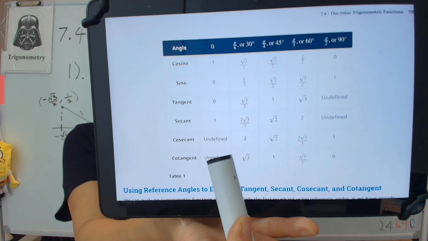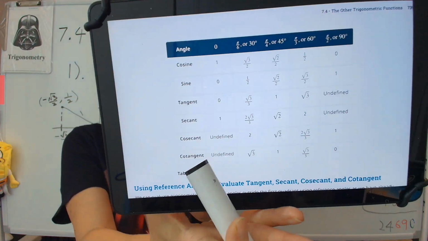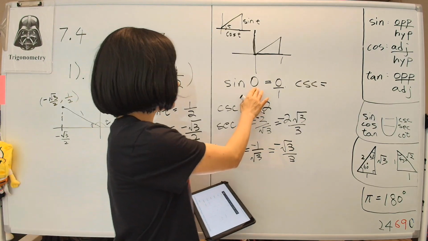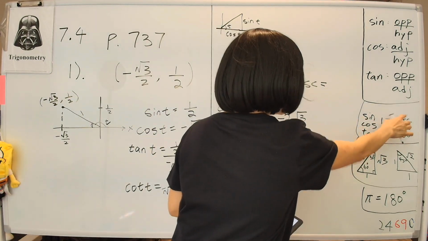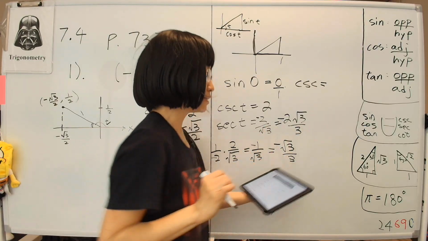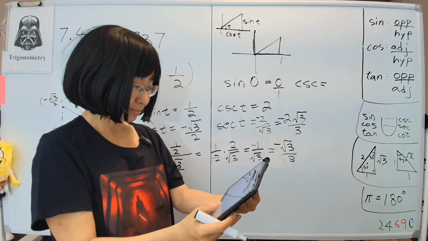Similarly, cotangent of 0 is also undefined, because the tangent of 0 is 0. So anytime a function is 0, the other one defined by flipping it over is going to be undefined because you cannot divide by 0. That would be the only reason.